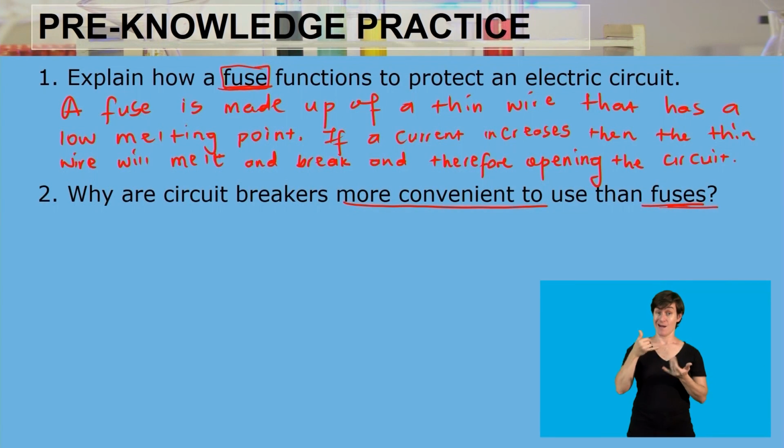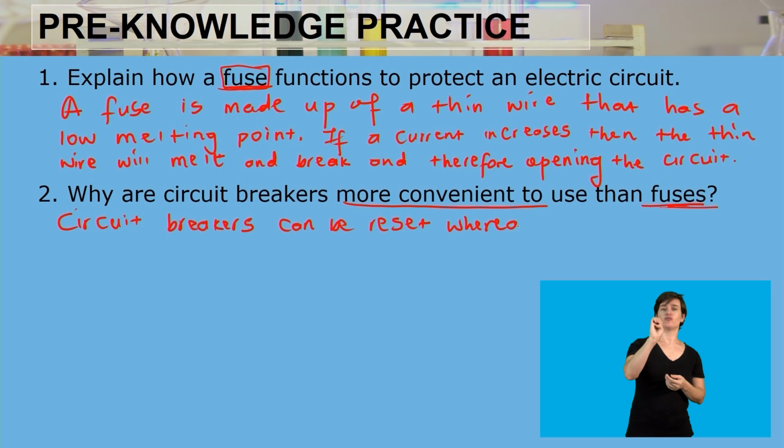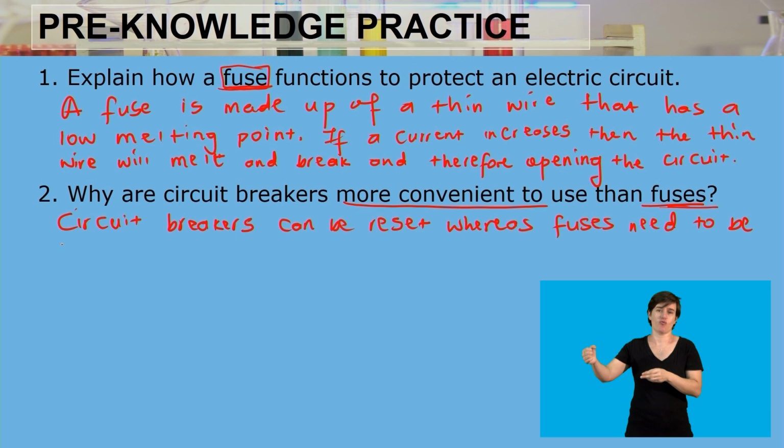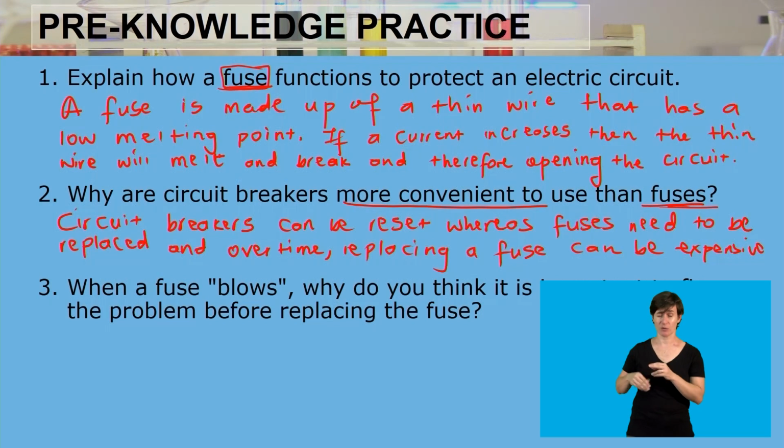So the reason why circuit breakers are more convenient to use is that circuit breakers can be reset, whereas fuses need to be replaced, and over time replacing a fuse can be expensive, because you don't really know for how long you'd need to be replacing this fuse and how long it is going to last.